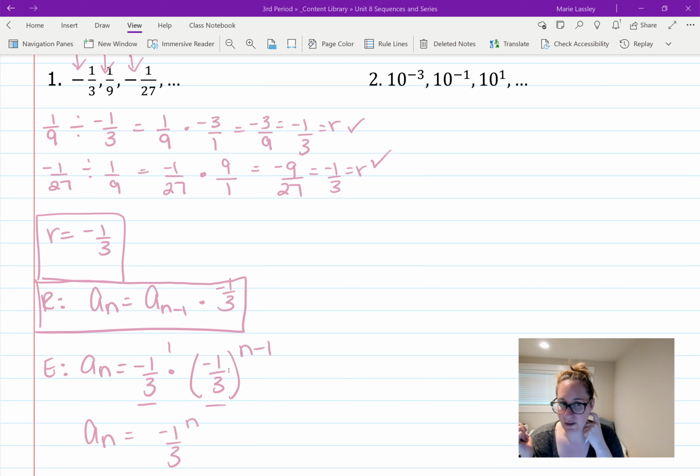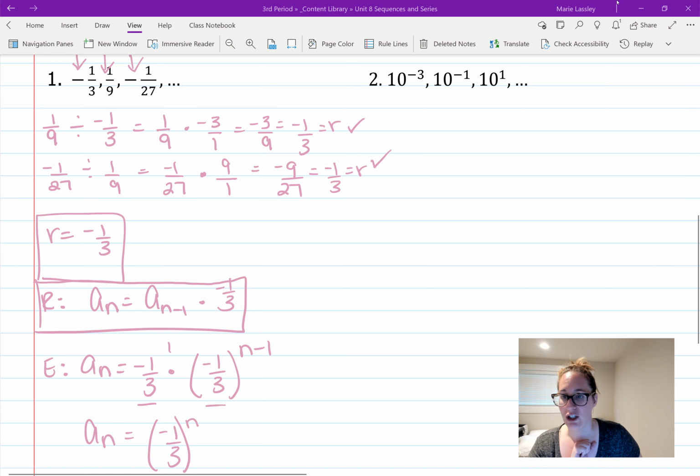Yeah, so there you have it. Oh, and we want to make sure we have parentheses around this. The reason being is because you want it to alternate signs, positive to negative. If you leave the negative on the outside, then it's not going to work properly.